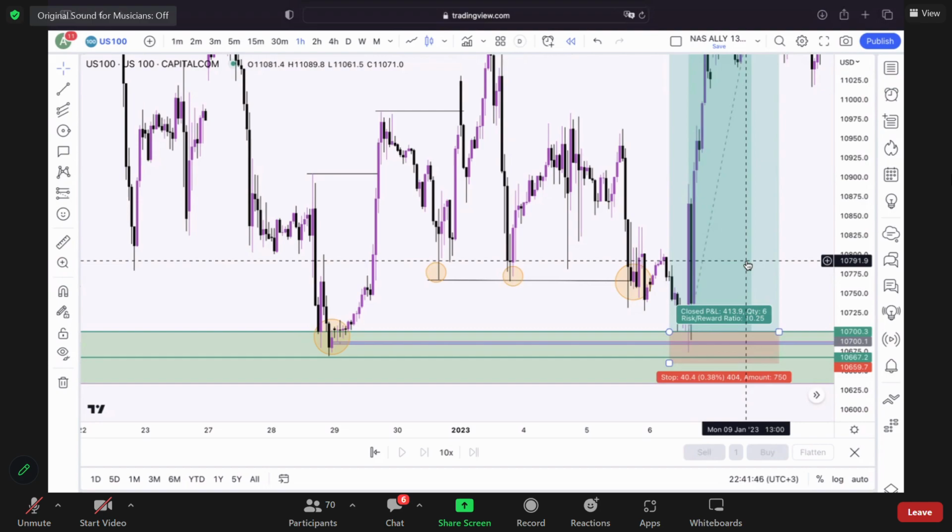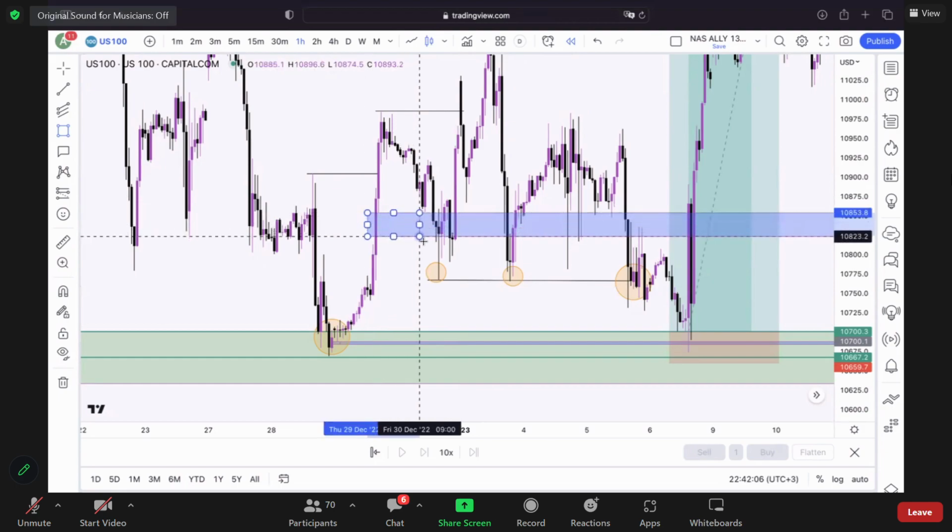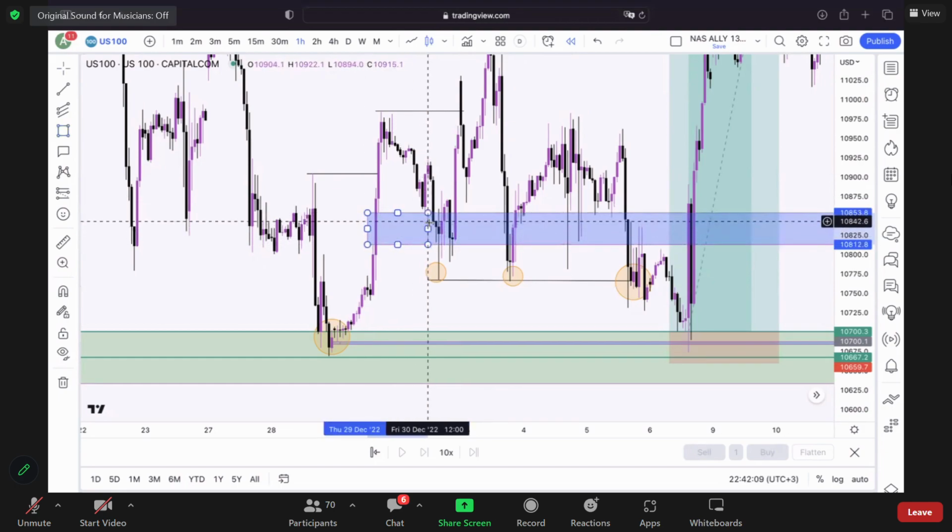Yes. Remember, it all has to be in alignment with your market structure. But essentially, imbalance, like we spoke about, is unfair pricing. So the market's job is to create imbalance and then fill imbalance, create imbalance, fill imbalance. Here they create this imbalance, they fill it, and then they move away.